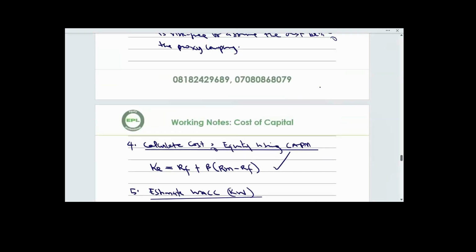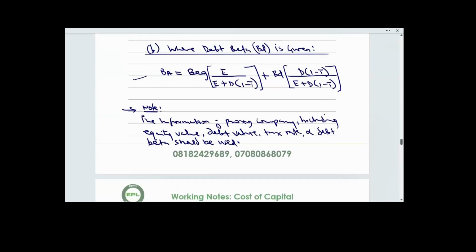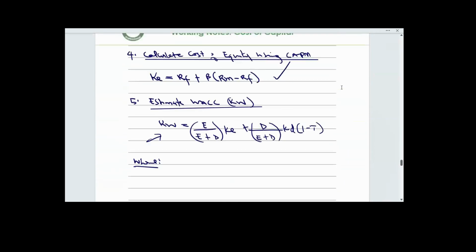Where we started from, under the ungear, we have BA. Let me explain what is BA. BA is equal to asset beta. BEG is equal to beta equity of a geared company. Then we have E, which is equal to equity value.